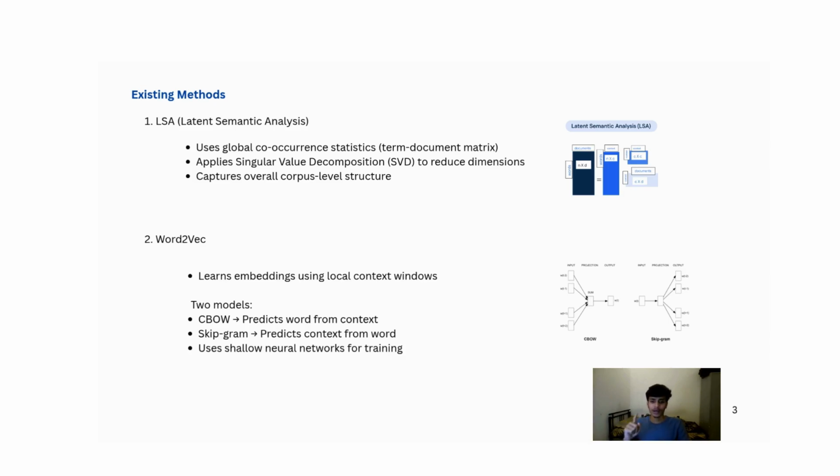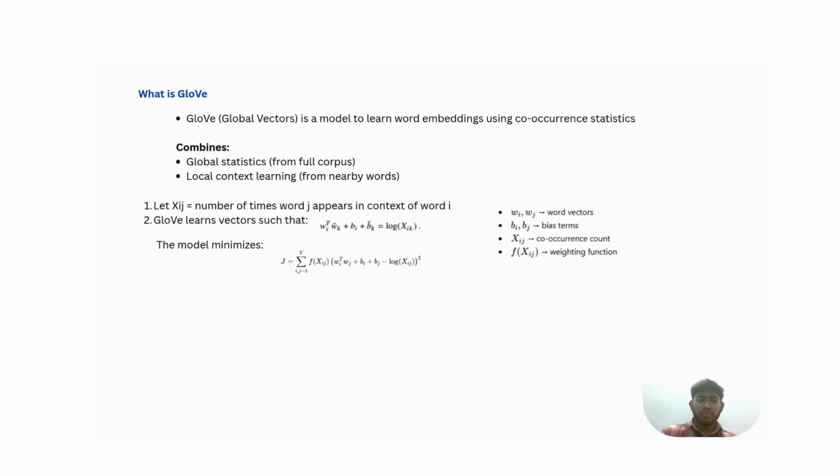Matrix factorization methods capture global information but are not efficient. So the key challenge is to design embeddings that preserve both semantic meaning and relational structure simultaneously. So here is where GloVe, the Global Vectors, comes in. GloVe addresses this challenge by introducing a novel way of using co-occurrence statistics to learn embeddings.